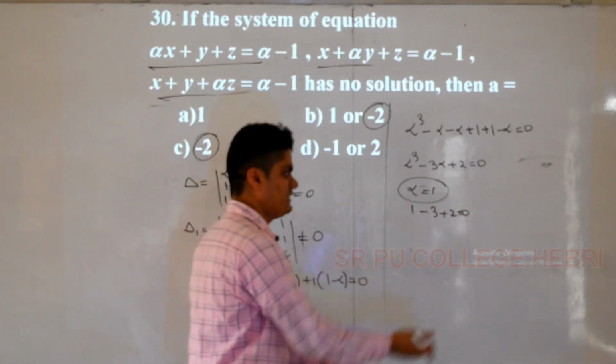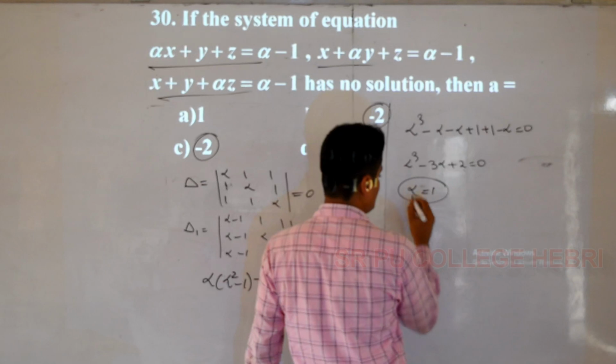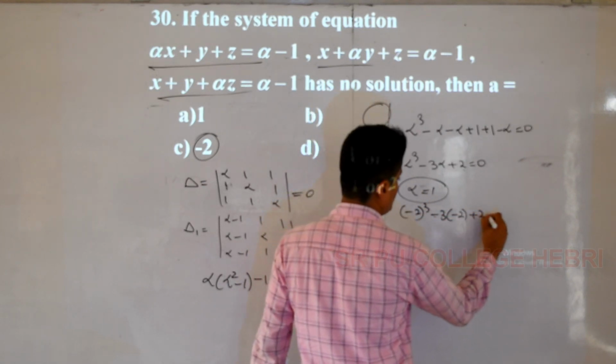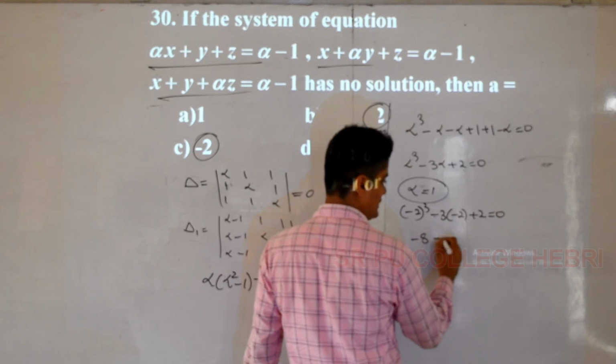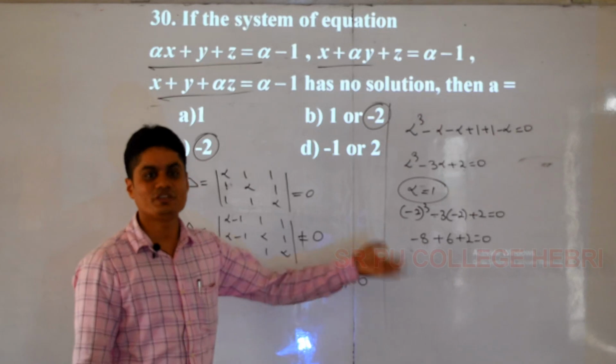So instead of solving completely, use the options and check whether minus 2 works or not. How to check? Substitute here: minus 2 whole cube minus 3 into minus 2 plus 2 equal to 0; minus 8 plus 6, yes, see, minus 2 is another root.